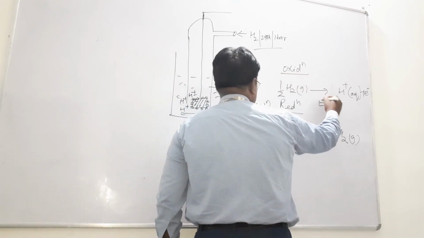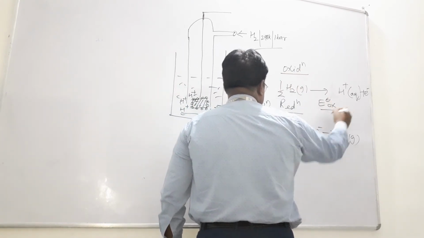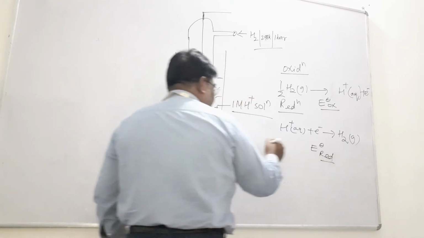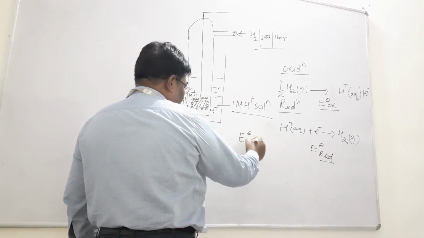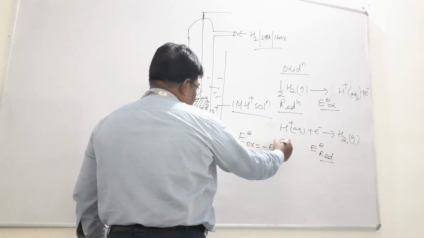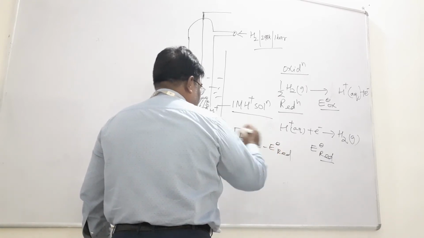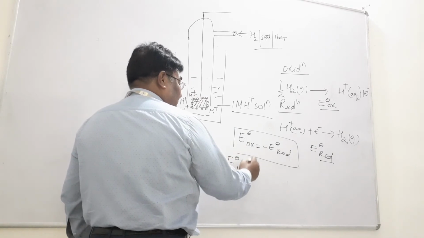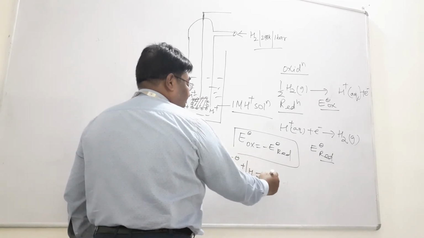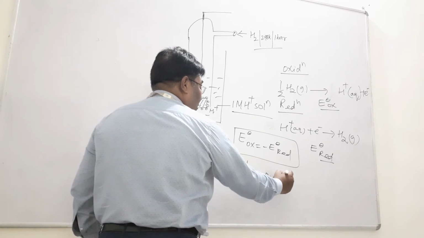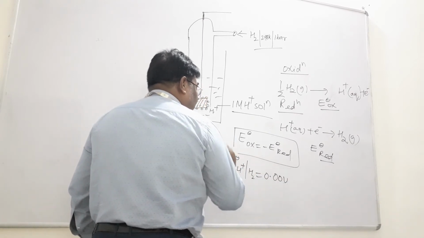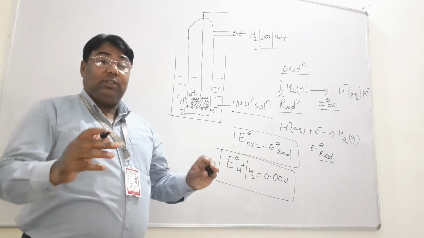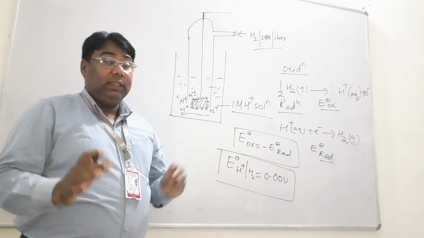Because of oxidation, E naught ox develops, and for reduction E naught red is developed. All of you know that E naught ox is the negative of E naught red. So the net potential of the hydrogen electrode is 0.0 volt. And by using this, we find out the standard reduction potentials of other electrodes.